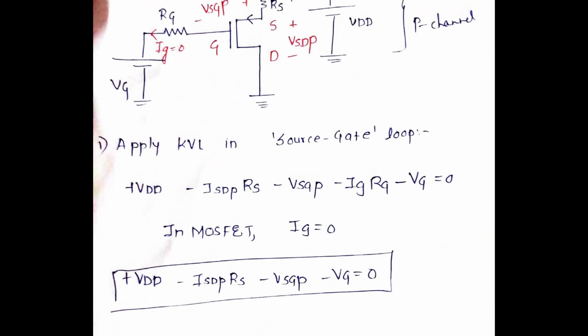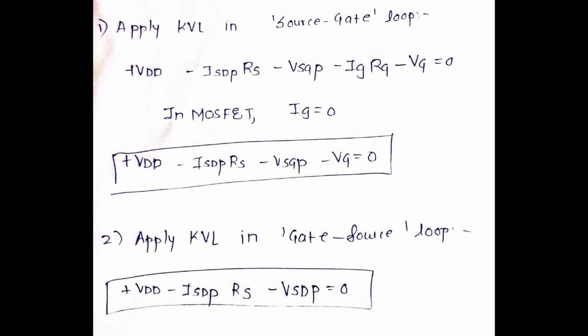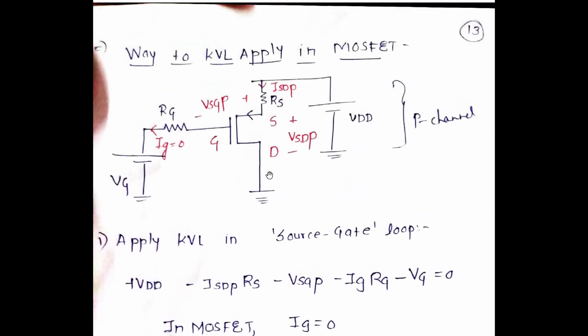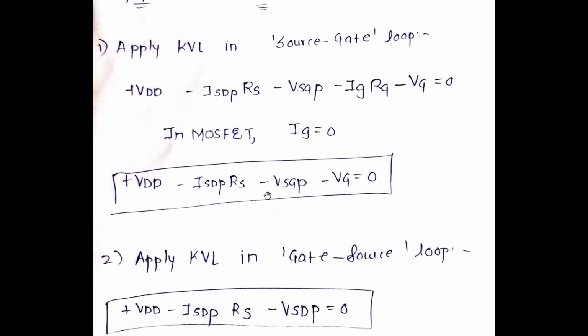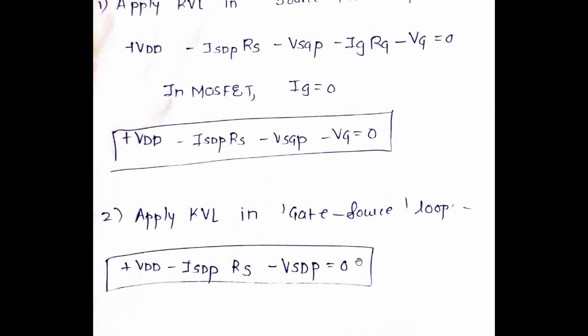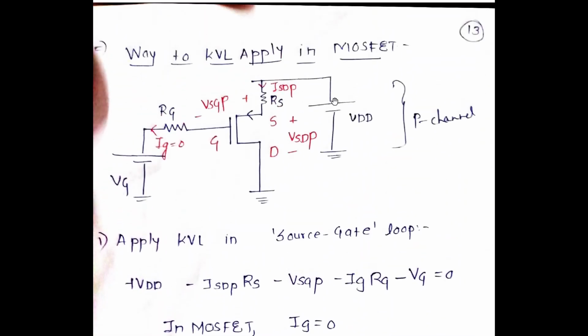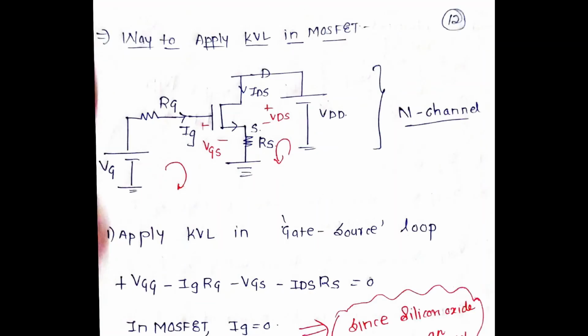So this is your source to gate, and then you will have your drain to source. I think there is a mistake over here, correct this, it is drain to source, not gate to source. For that we have plus VDD minus of ISDP into RS minus of VSDP is equal to 0.